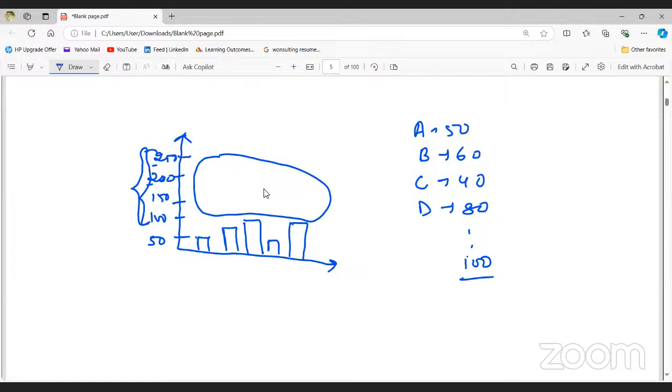So we can make a graph in such a way that the last point can be 150, then 100, then 50. It will be more representable visually. So this is a manipulated y-axis.